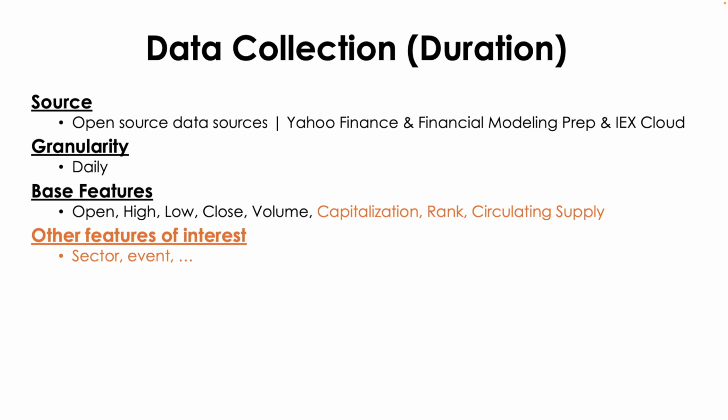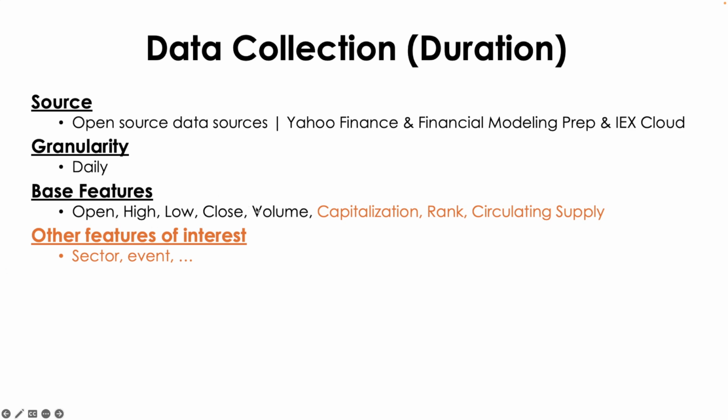And then, when we are getting the data, we want to decide the granularity, right? How long in the past do we want the data? We can get the daily prices of assets. And then when we're getting the prices, we want to look at the features. The features are the historic open, high, low, close, and volume per day of an asset.